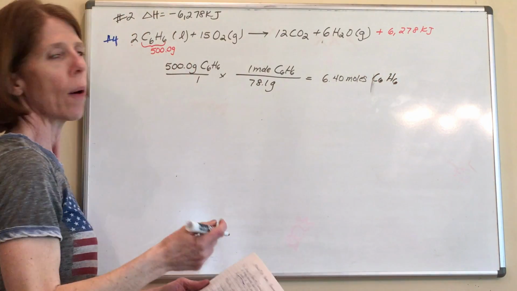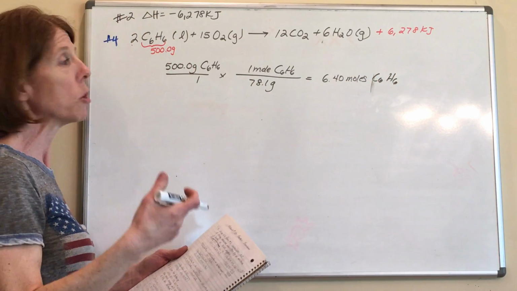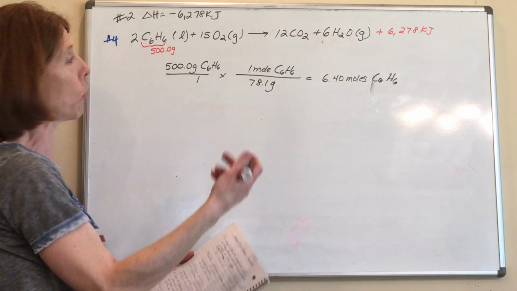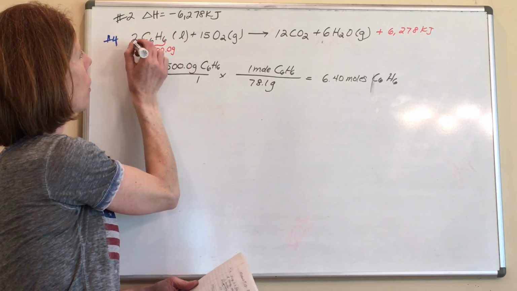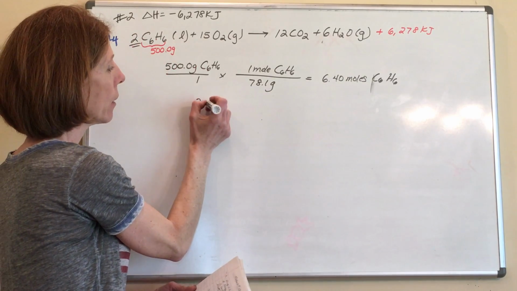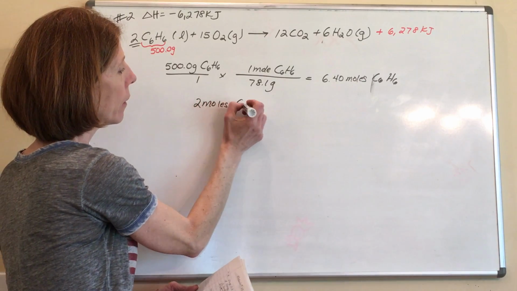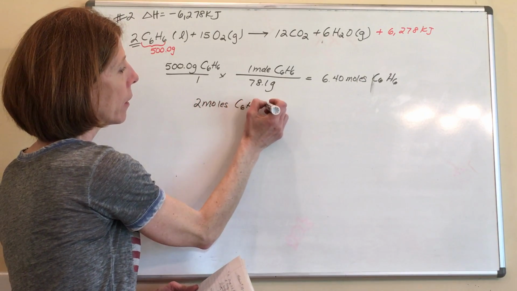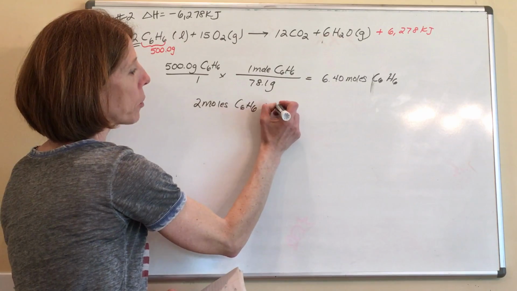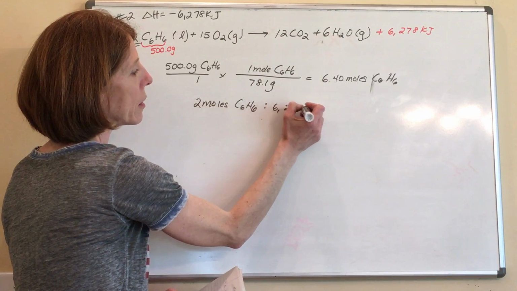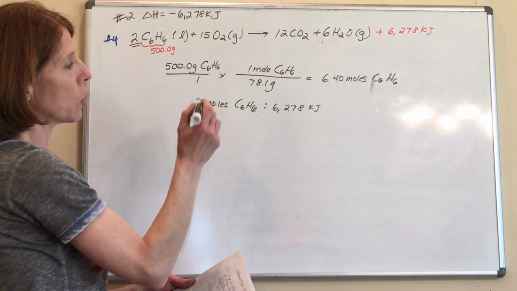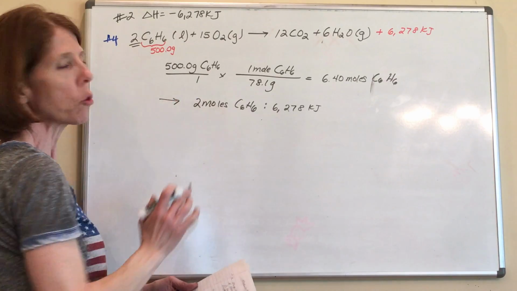Now I have to look at the stoichiometric relationship between benzene and the energy in this reaction. For every 2 moles of benzene, I produce 6,278 kilojoules of energy. So I can use this like any other stoichiometric ratio.